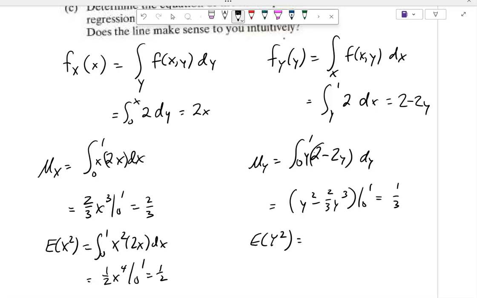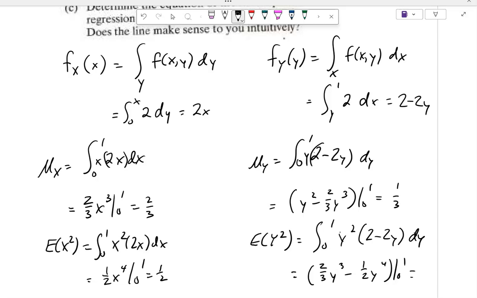So we get 1/2. For the y squared, we're integrating 2y squared minus 2y cubed. So you get, what, 2/3 y cubed minus 1/2 y to the 4th. And 2/3 minus a half is a sixth.